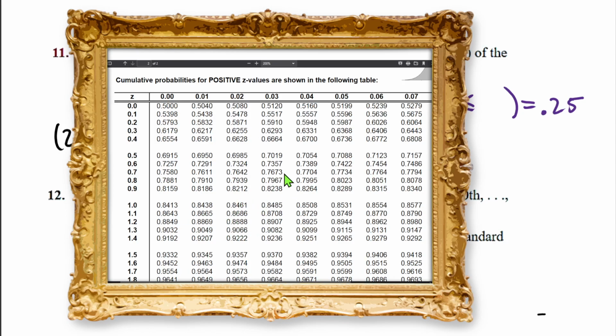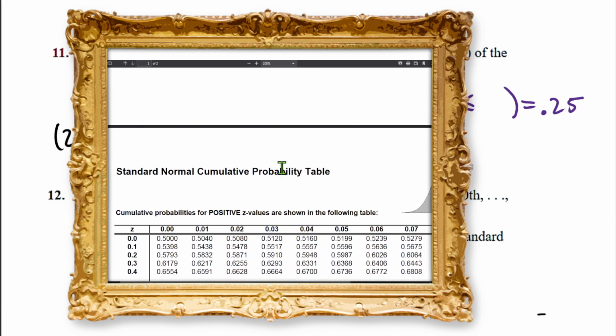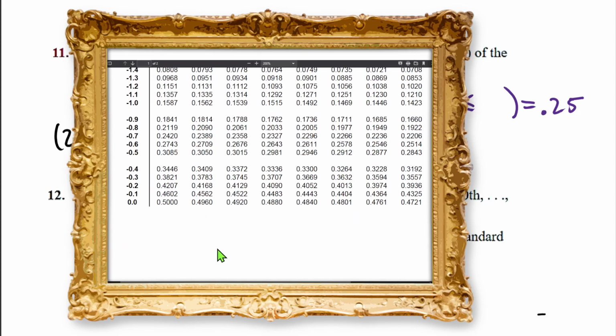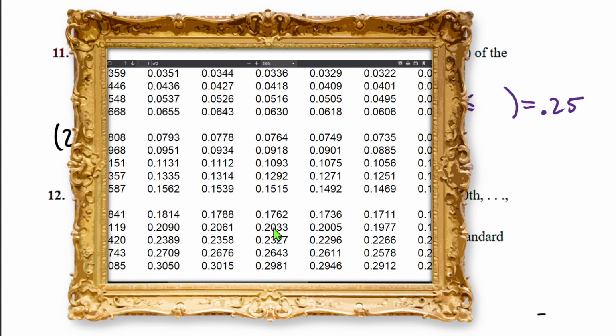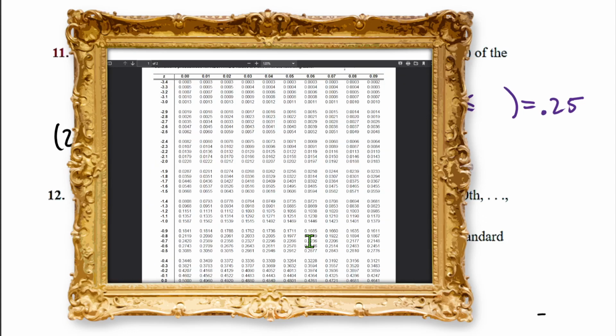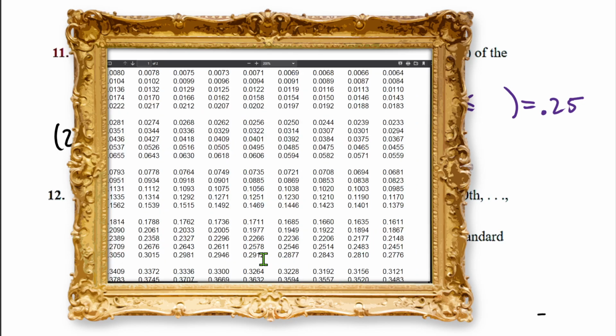These are all the positive values, so these are all 0.5 and larger. We want 0.25. What's that z value? 0.25 is right about right here. So what is that value?